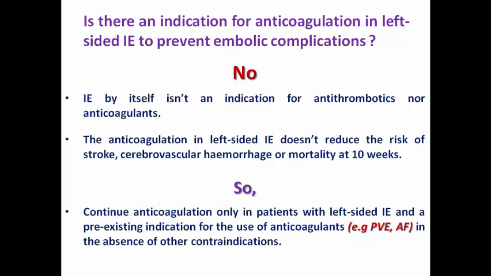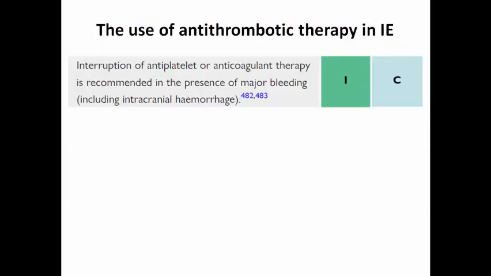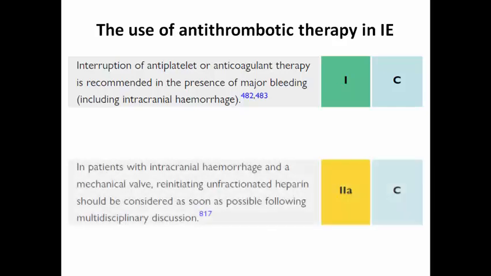So, the only indication to have anticoagulation is in a patient with left-sided infective endocarditis with a pre-existing indication for anticoagulation, like prosthetic valve endocarditis or atrial fibrillation, in absence of any contraindications for anticoagulation. Otherwise, don't start them. You should interrupt any antiplatelet or anticoagulant therapy in presence of major bleeding, including intracranial hemorrhage.